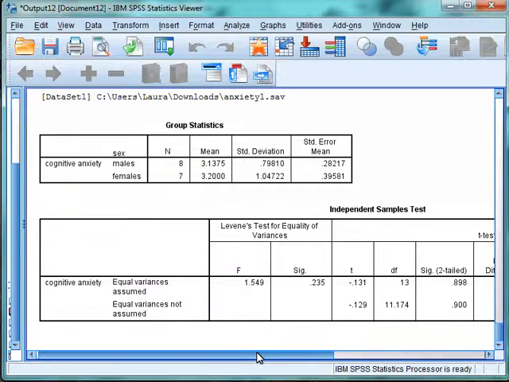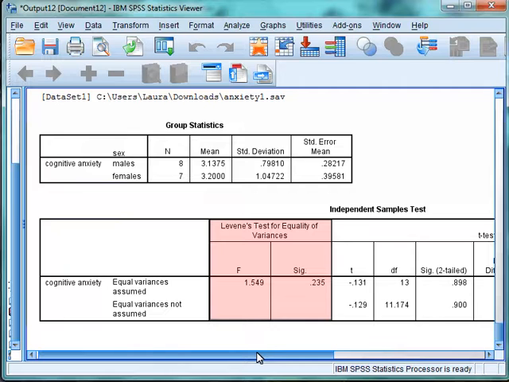At the top of the output, the means and standard deviations for males and females' cognitive anxiety are displayed. Next, we want to look at Levene's test of equality of variances. As you can see, the significance value is over 0.05. This tells us that there are no significant differences between the variance of male and female cognitive anxiety.